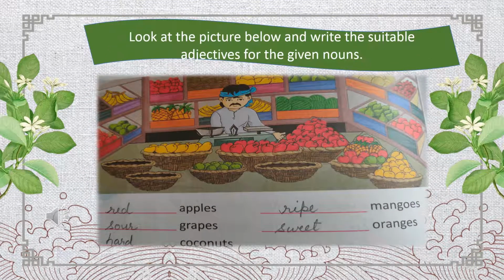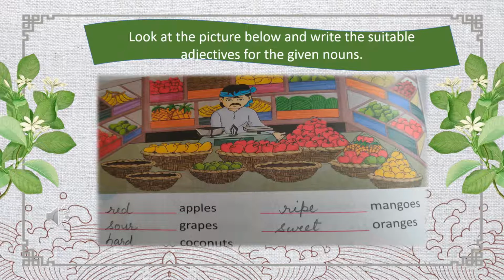This is the next activity given in your grammar book. Look at the picture below and write the suitable adjectives for the given nouns. So a picture is given and nouns are also given. We have to choose a suitable adjective of our choice.